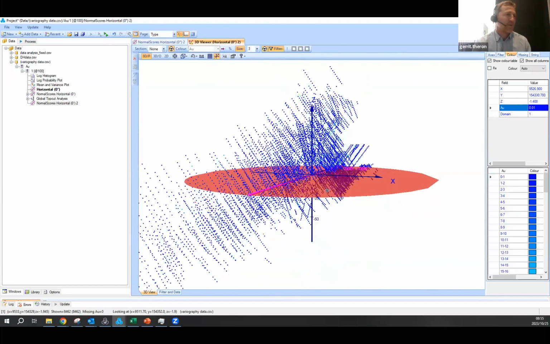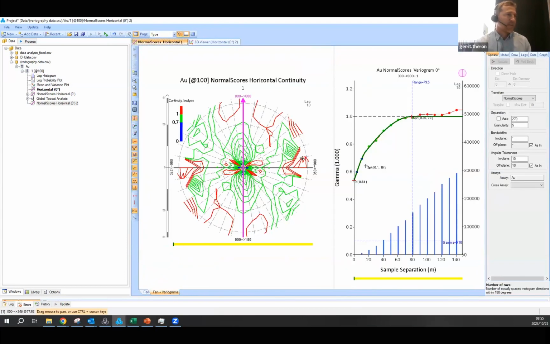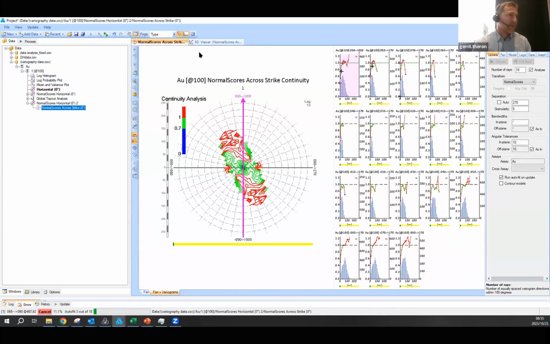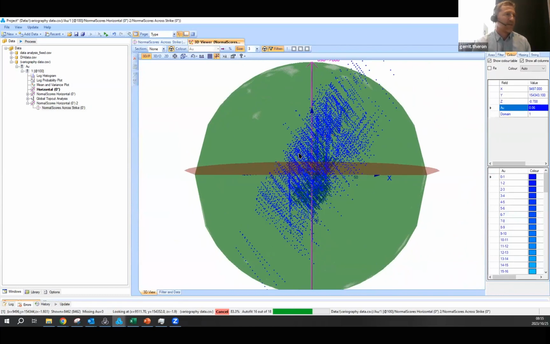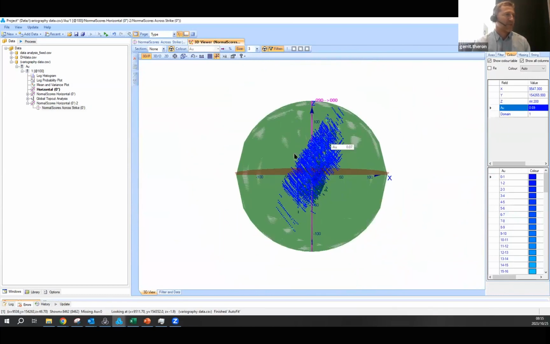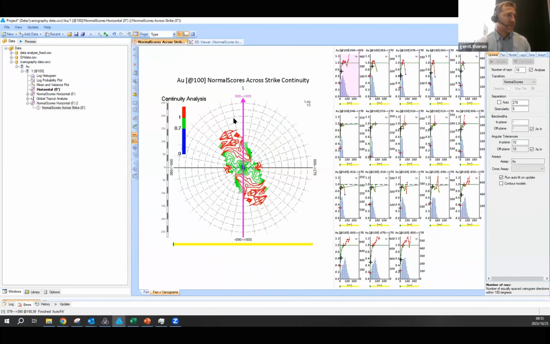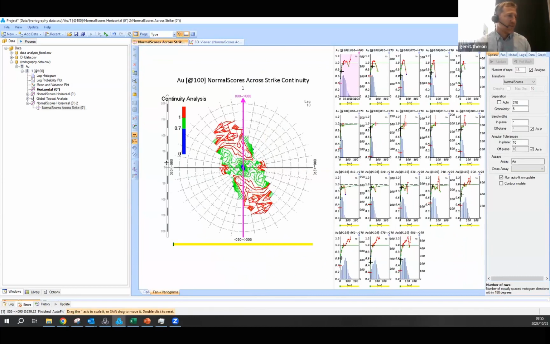So we looked on that horizontal plane. The next thing we are now going to do is look on a cross strike vertical plane. So we're going to add that plane. And this is now looking on the green plane, sort of in this direction. So we're going to look at that. We can again zoom in a bit.